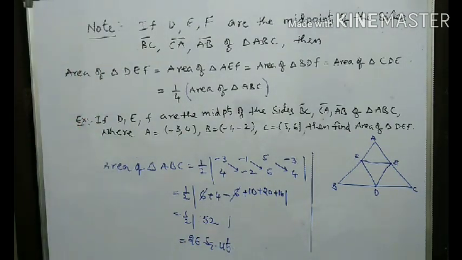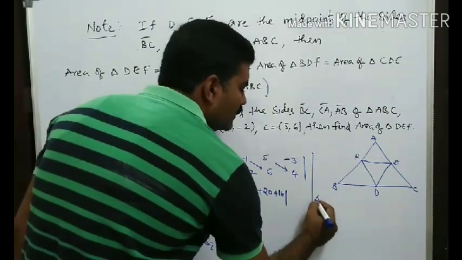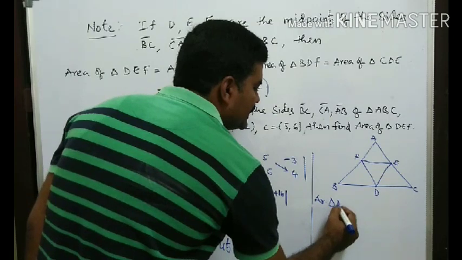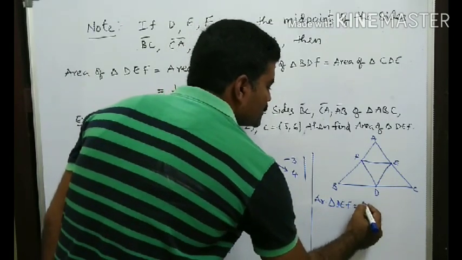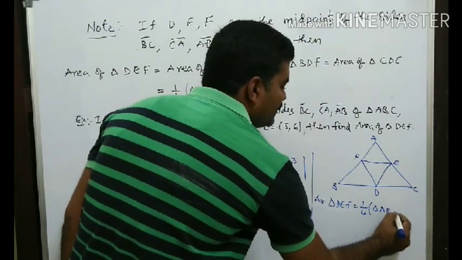26 square units. But we need to find the area of triangle DEF, which is equal to 1/4 of the area of triangle ABC.